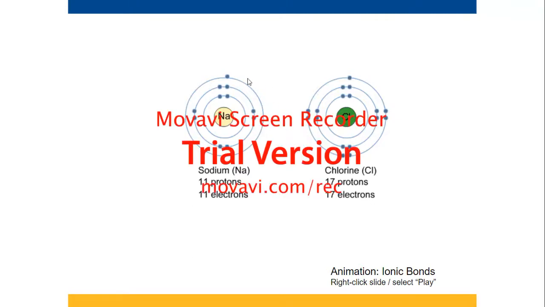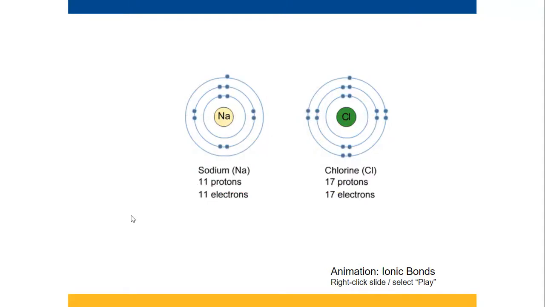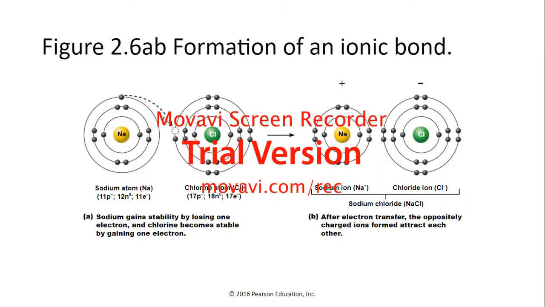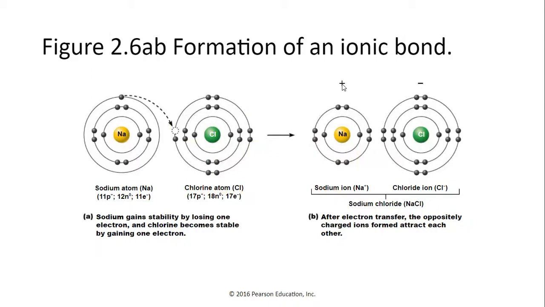Chlorine is going to be able to strip sodium of that one electron and become negatively charged, and the sodium will become positively charged. This is just showing you that chlorine is stripping sodium of its one valence electron, because it's way more electronegative. Since sodium gave its electron away, it is now positively charged, and the atom that received the electron is negatively charged.